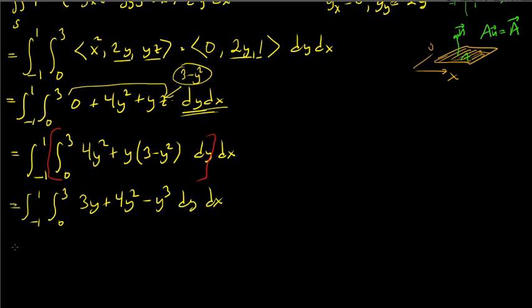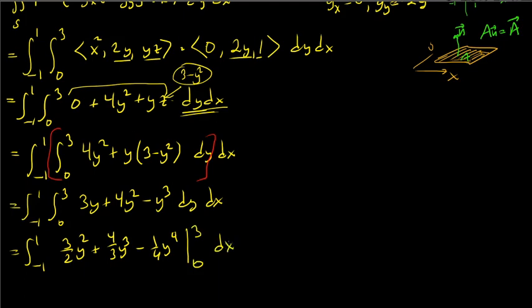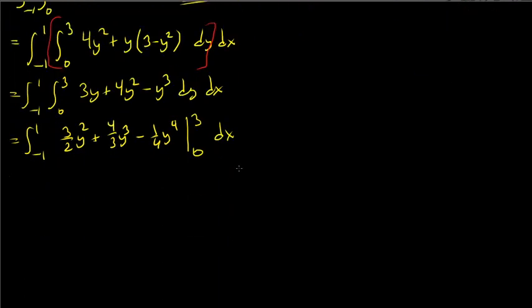To integrate that, we get 3 over 2 y squared plus 4 over 3 y cubed minus 1 over 4 y to the fourth, evaluated between 0 and 3. And then we still have one more integral to do, but that will be the easy one.